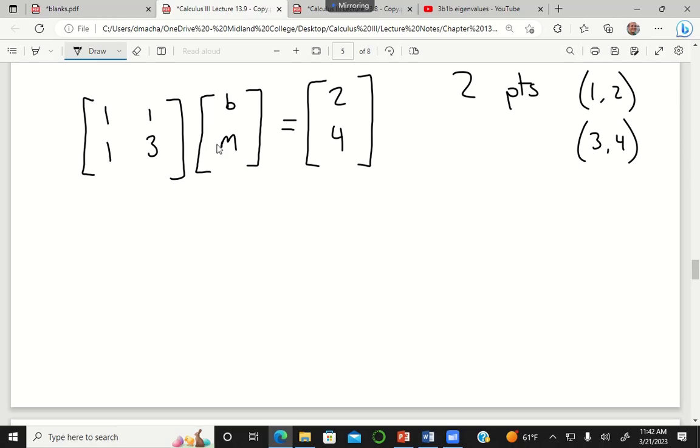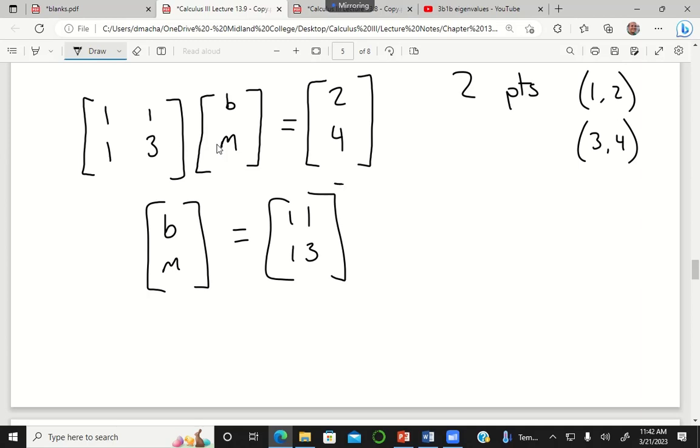Then for this entry, I've got b times 1, which is just b, plus my slope times my x value, and it should give me the corresponding y value. And so that always works. That means if you want to find the slope and the intercept, all you have to do is take the inverse of that matrix, or you could solve using Gaussian elimination, times the vector with the y coordinates. Okay?